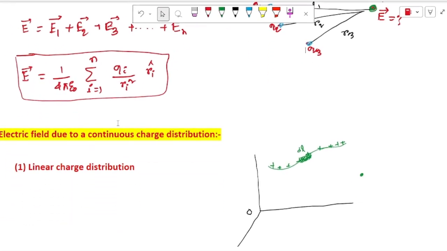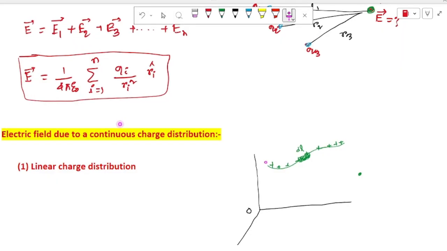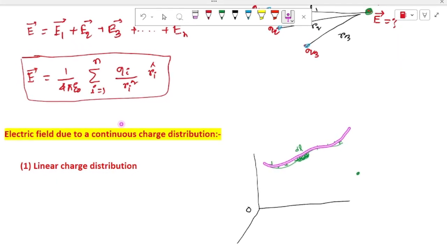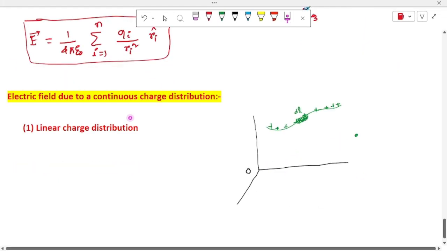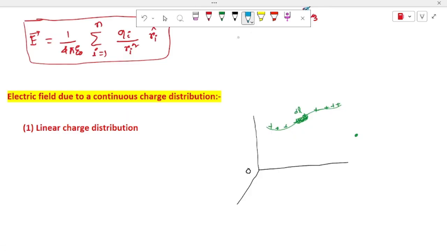But when charges are not discrete, they are distributed, or we can say charges are continuously distributed throughout the line. So for this continuous charge distribution situation, let us consider this line charge distribution, and we will take a small element dl. From this coordinate system, let us say this small element dl is at a distance r1 vector, and the point P where we will calculate the expression of electric field is at position vector r2 vector.